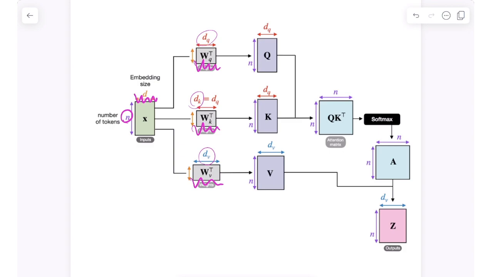But after that, we have Q, K, V. Then we use Q and K to perform a product to see which items in Q and K are similar. After that, we will have an attention matrix, which is of size n by n. It indicates which token is more related to the other token. After we have this attention matrix, we use the V value to output the Z, which is the output. So that is the size of the matrix.